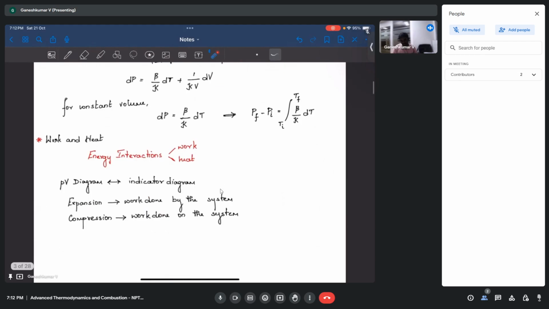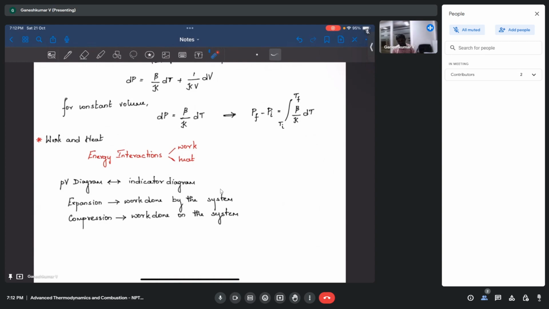And then an important aspect is we also studied energy interaction. Energy can interact in only two ways: one is through work or heat. This is how energy can get modified, and this paves the way to the first law of thermodynamics.